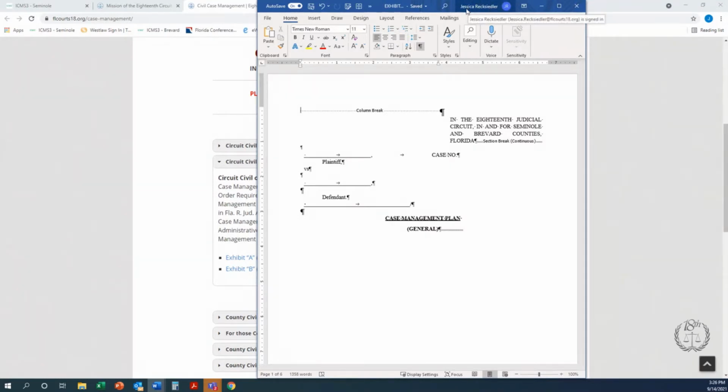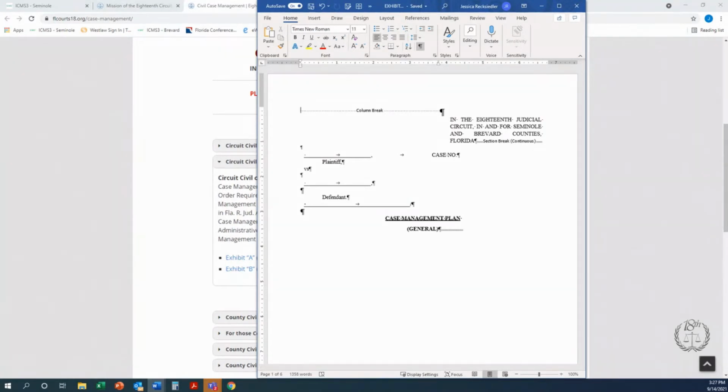Now, as everybody knows at this point, I'm Judge Jessica Recksiedler, and when I wrote this order as Chief Judge for the administrative order and the case management orders, this is a circuit-wide order that is to be used as a form for both Seminole and Brevard counties. That is why it originally states in the style of the case in the 18th Judicial Circuit and in for Seminole and Brevard counties.